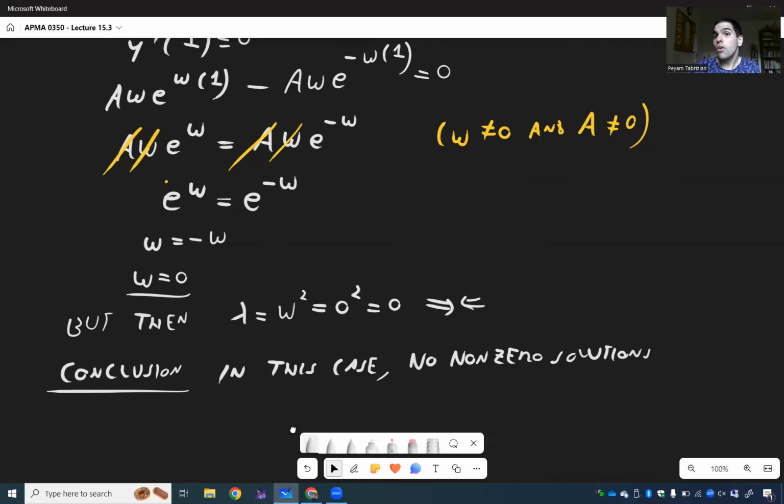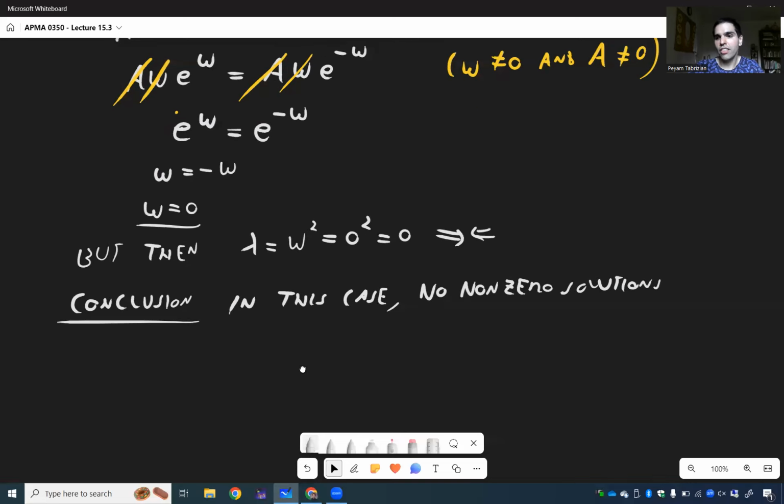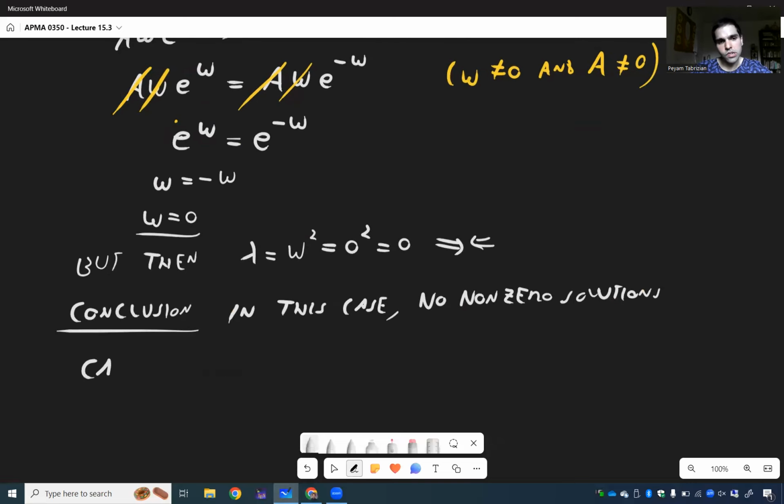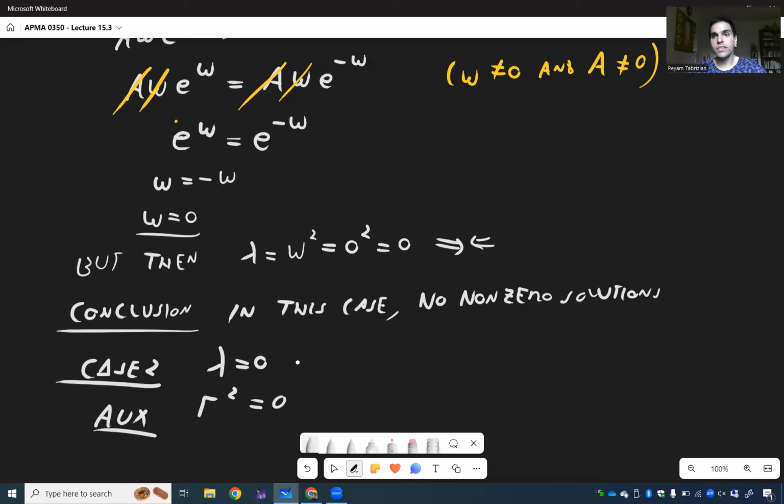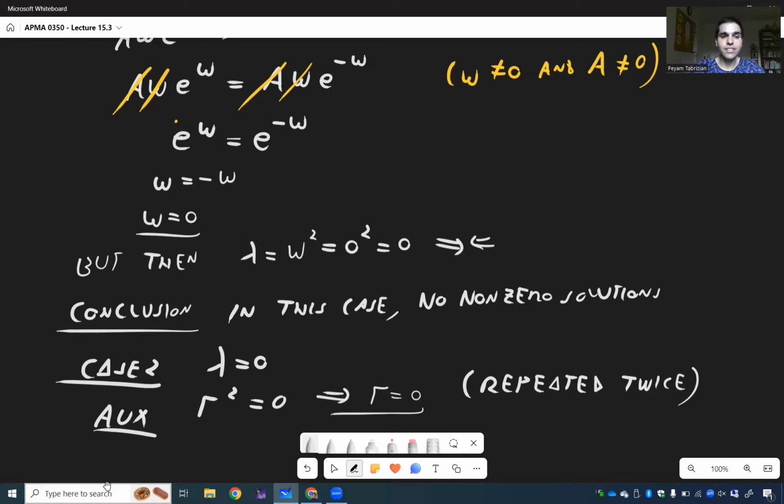No problem though, because, well, let's look at the other cases. So case 2, let's look at lambda equals 0. In this case, the auxiliary equation is r squared equals lambda equals 0. So r equals 0, repeated twice.